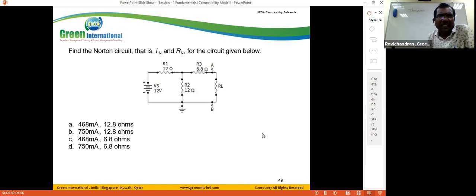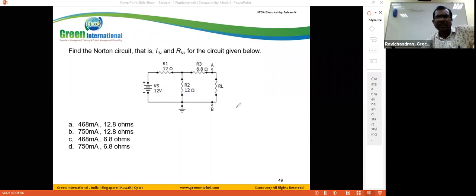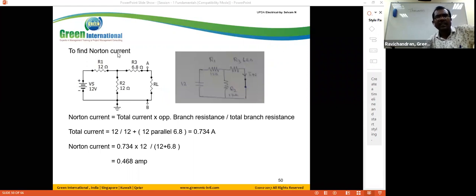Just read the question. Find the Norton circuit, that is IN and RN, for the given circuit below. Now, the first step to find the Norton current.